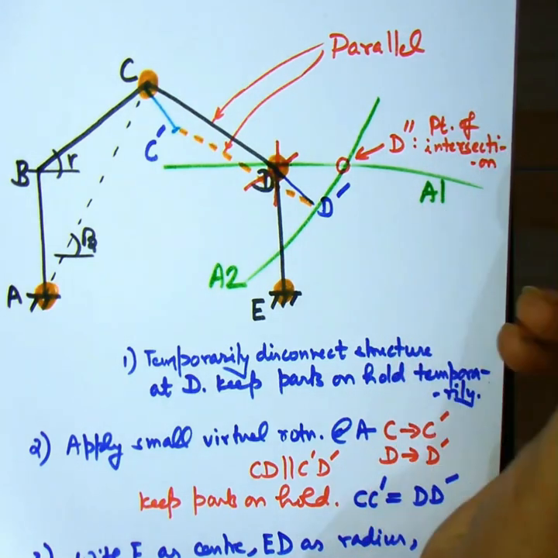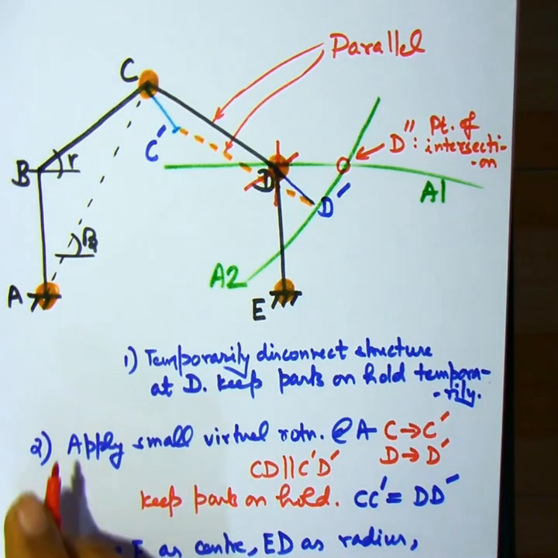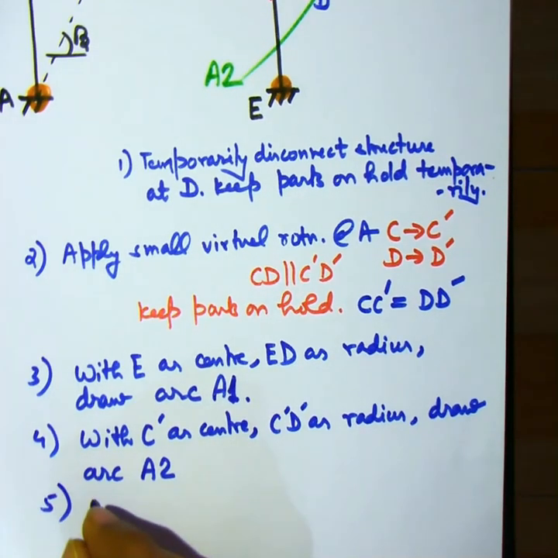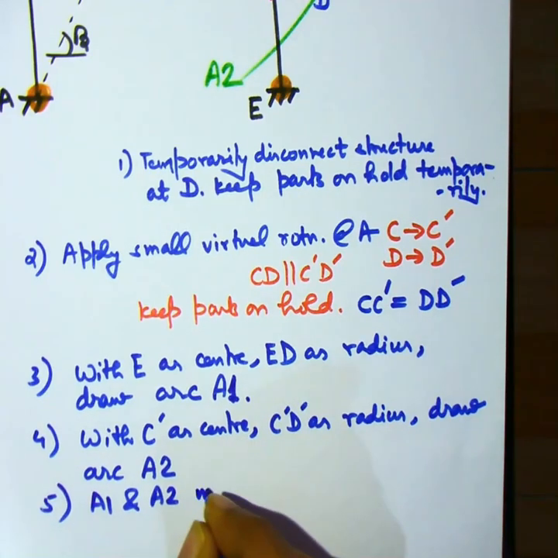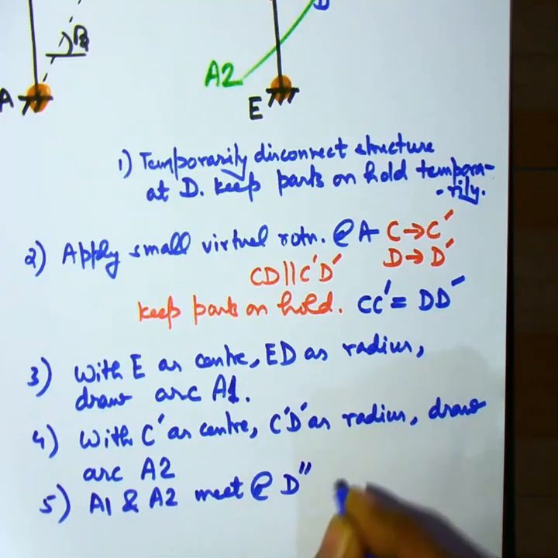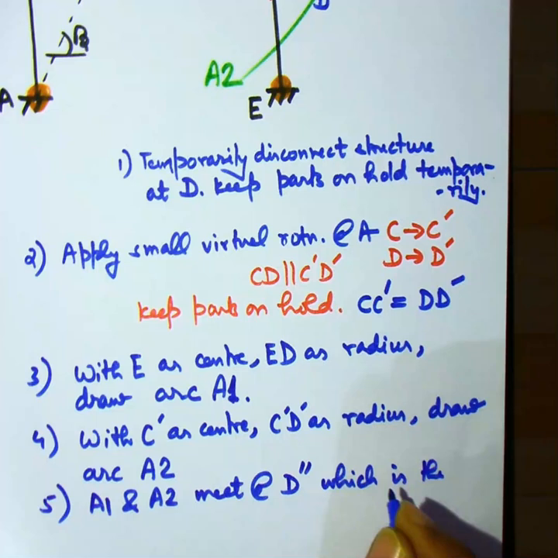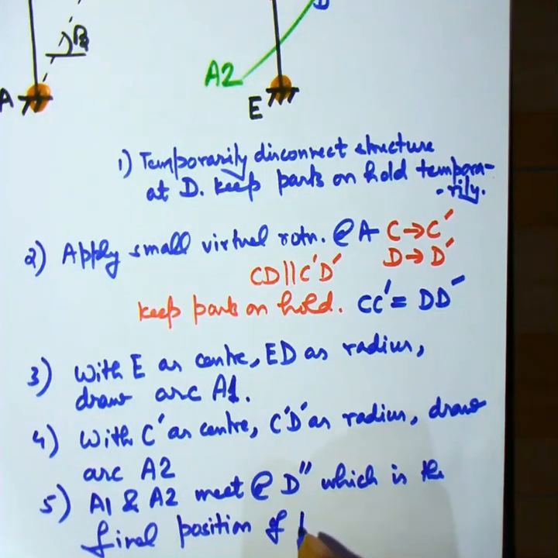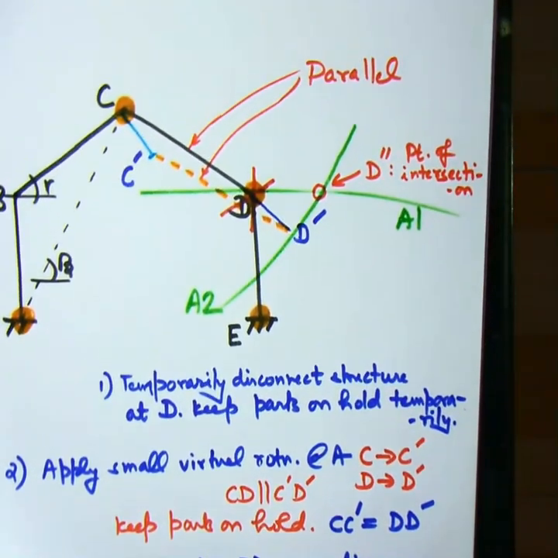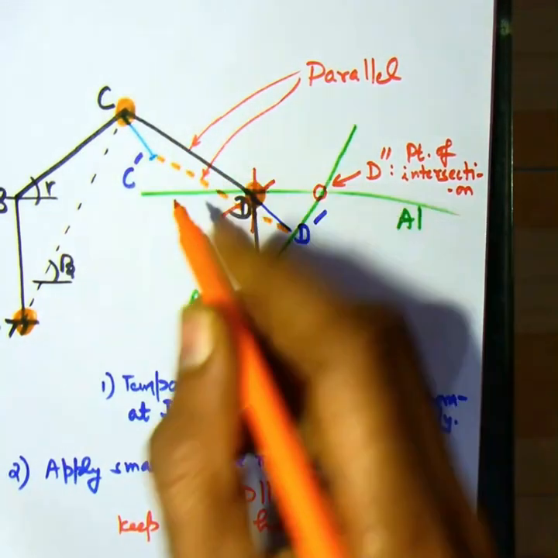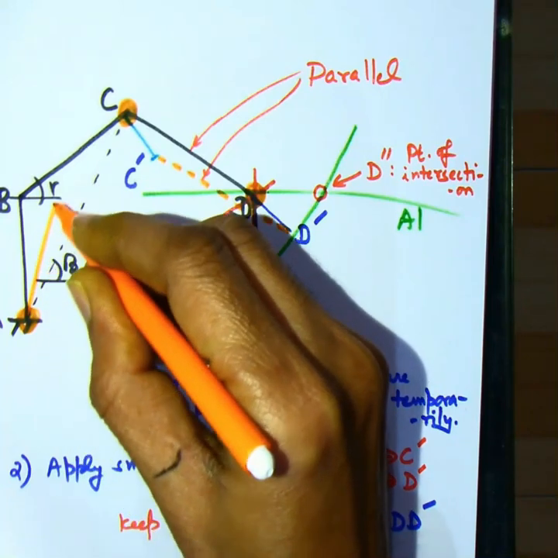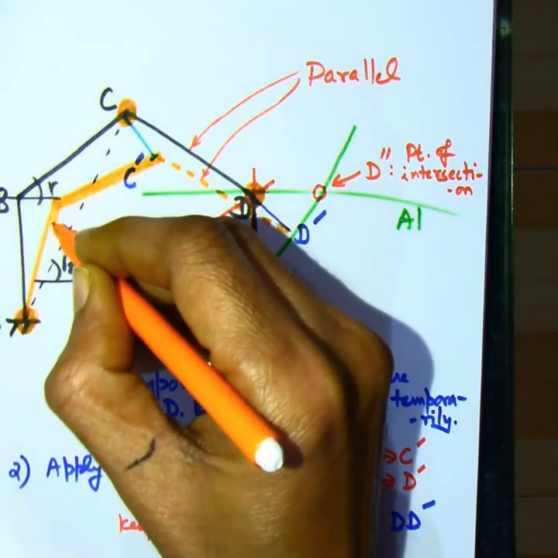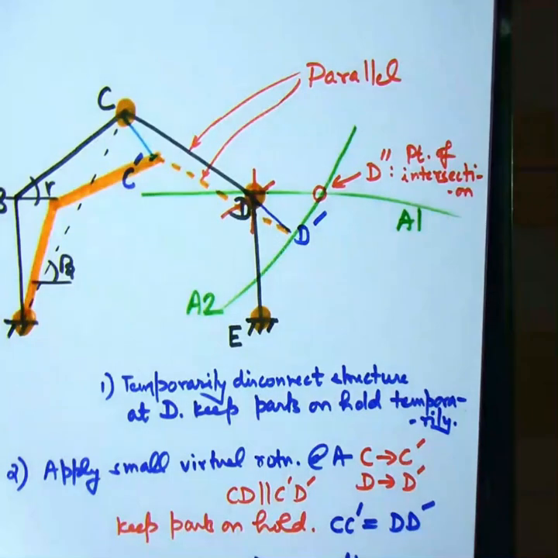So D double dash is the final position of D. So now we can draw the deformed profile of the structure.